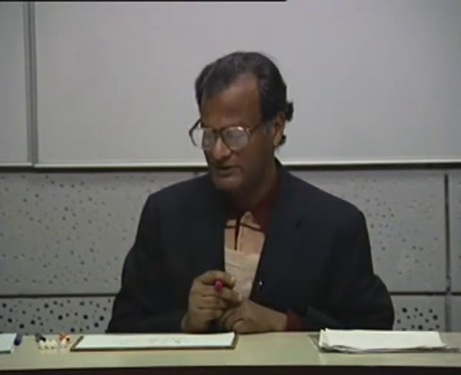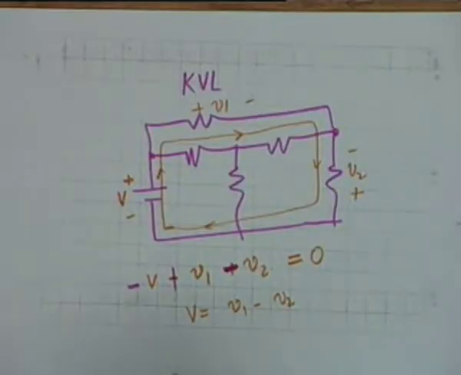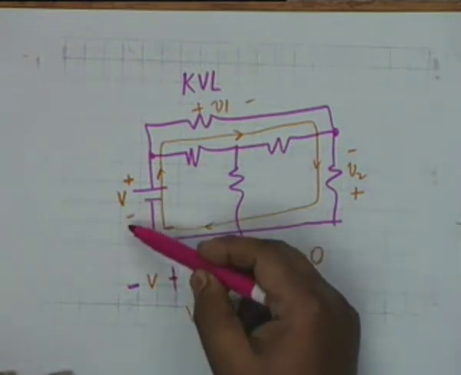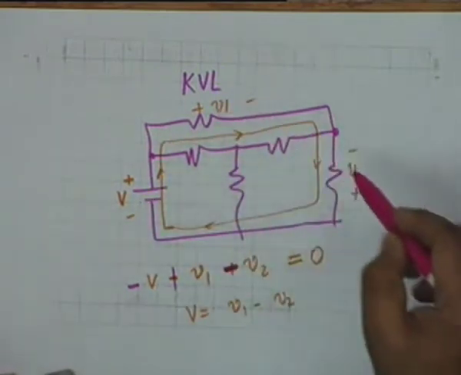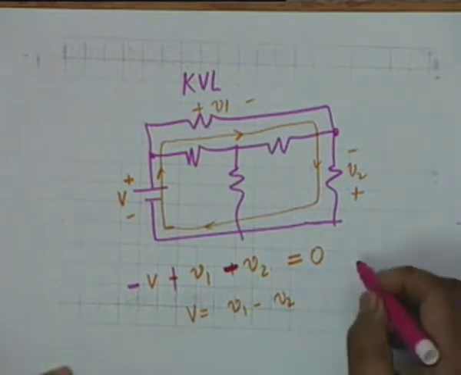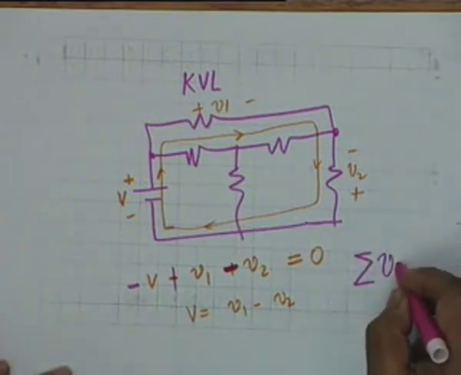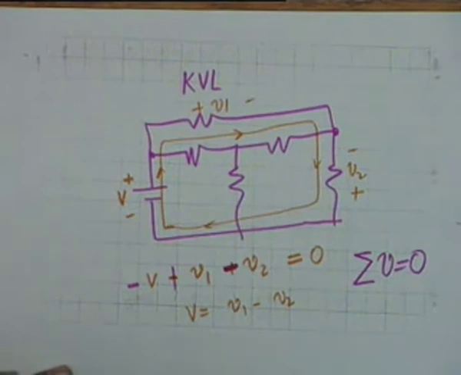Whatever the convention, so long as you are consistent, there shall be no mistake. So it is a convention. If you adopt this convention, then the voltage drop V, if you go in this direction, is negative, this is positive, and this is negative. In other words, sometimes we simply say sigma V equal to 0.